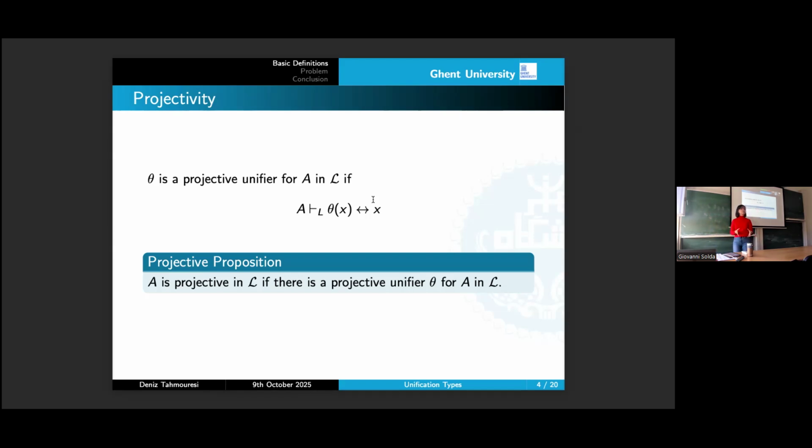It's important because when a formula is projective, it has a most general unifier. We can assume that the answer is a single form, just one general answer, and that's very useful to know.